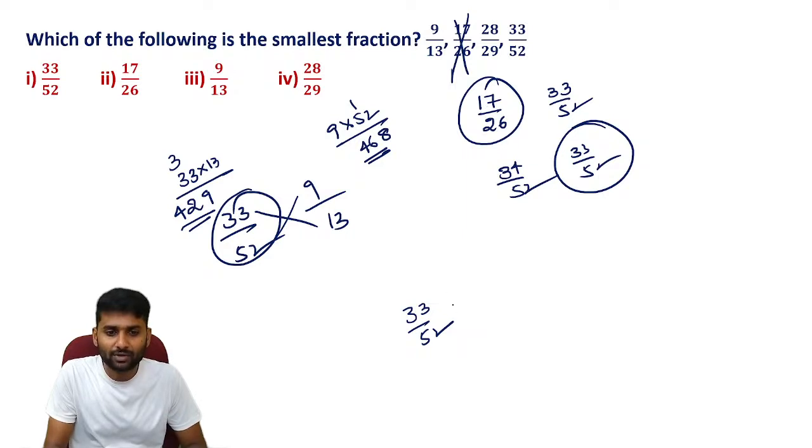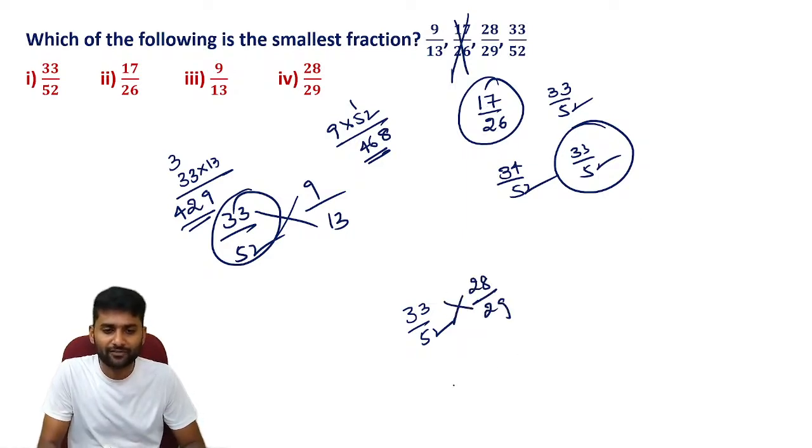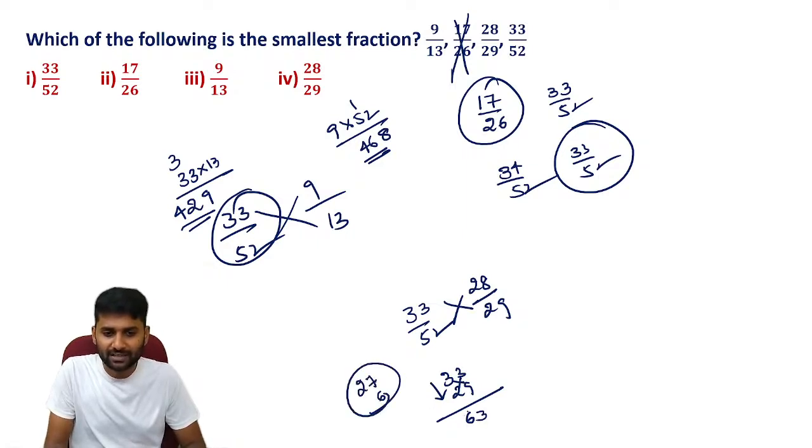But if we have one more comparison, 28 and 29. Again cross multiply them and be faster in the calculation. 33 and 29. See, 9 into 3 is 27. 3 twos are 6. Sum value is 33. Now 9 into 3 is 27, 9 twos are 18... 957.